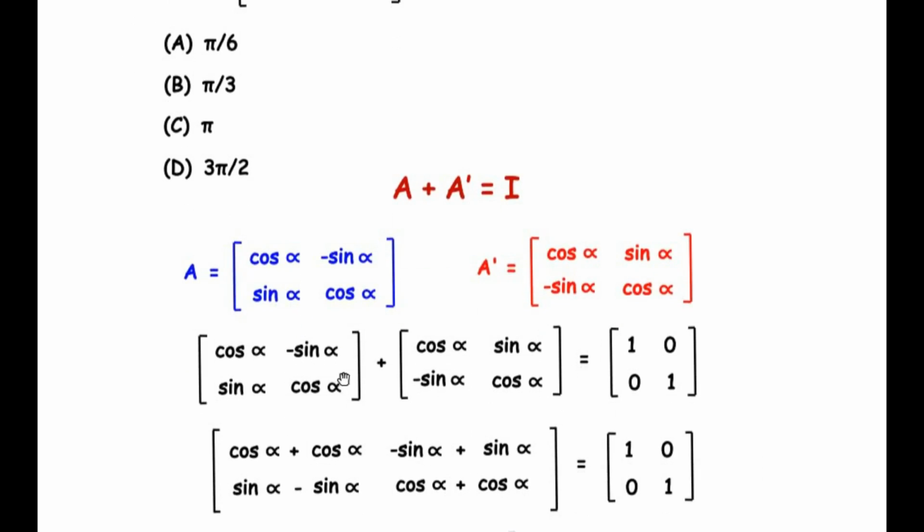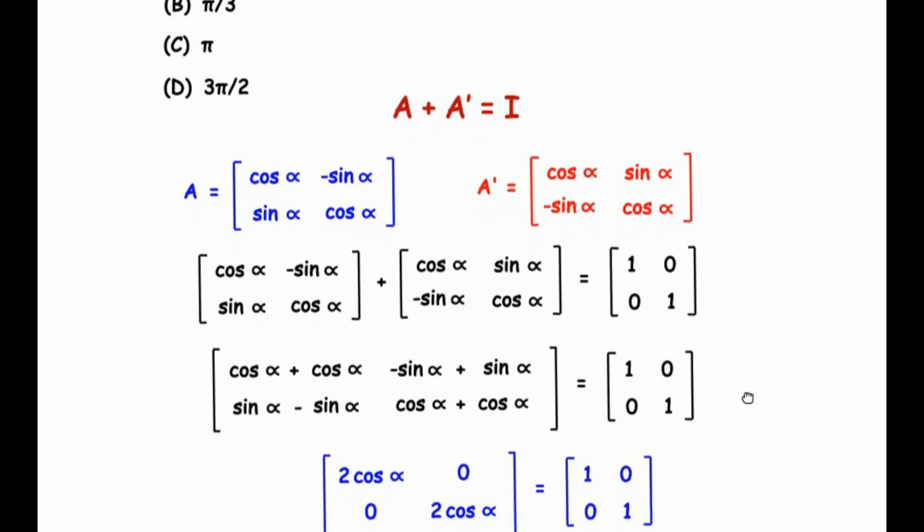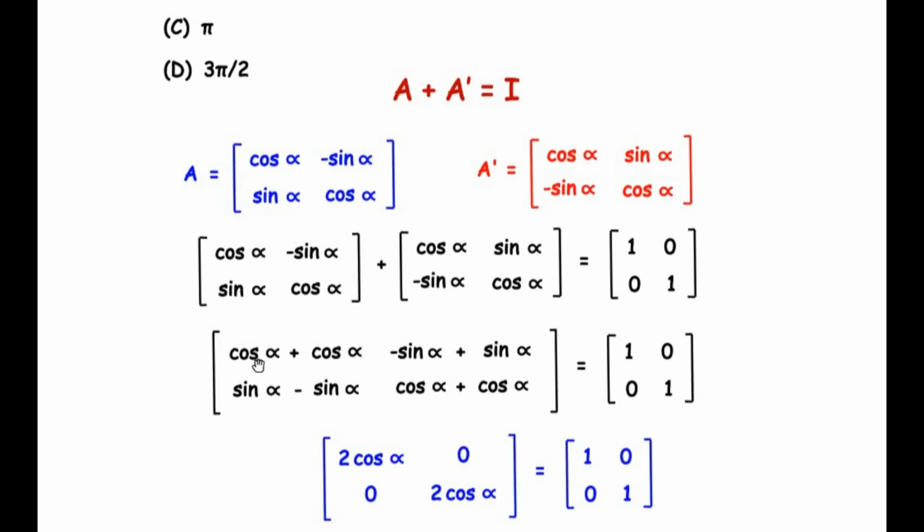So here we get cos alpha plus cos alpha, minus sin alpha plus sin alpha. Sin alpha plus and minus is minus, so sin alpha minus sin alpha, and cos alpha plus cos alpha is equal to 1 0 0 1. So we can simplify the left hand side matrix. That is, the first element will add up together: cos alpha plus cos alpha is 2 cos alpha.